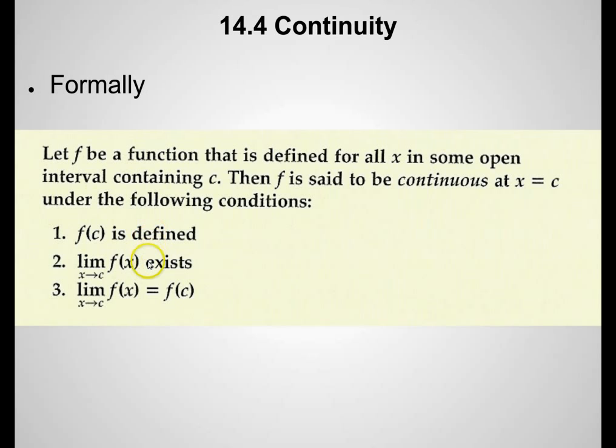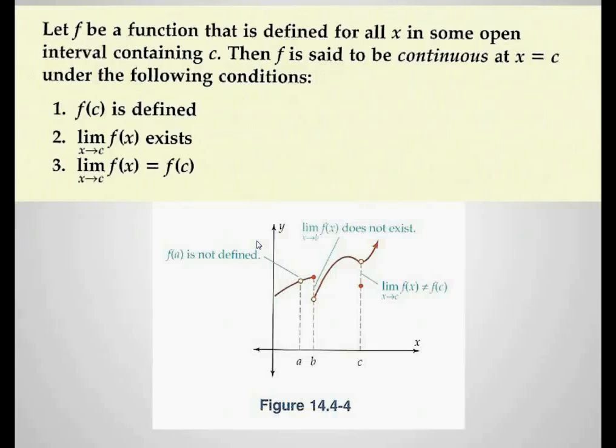Now, if f of c is not defined, or the limit does not exist, then there's no reason to check 3, because if something doesn't exist or isn't defined, it can't equal anything. So all three of these conditions have to hold for a function to be continuous.